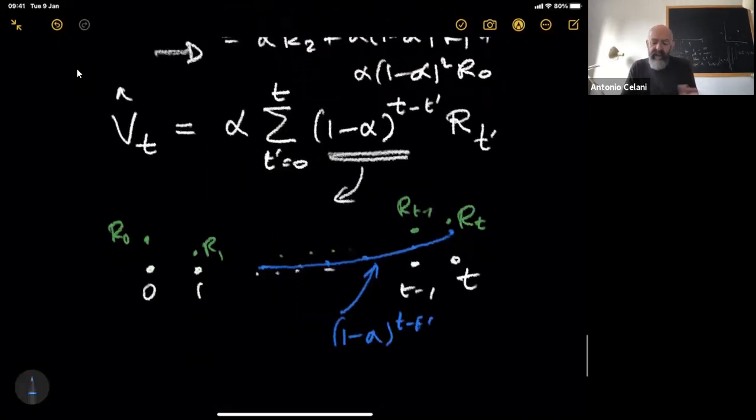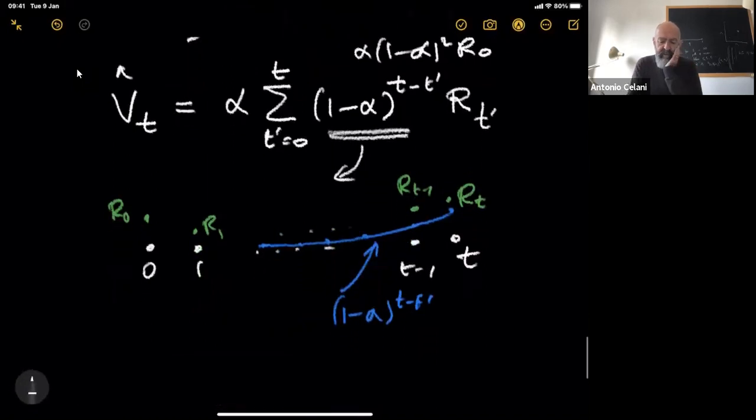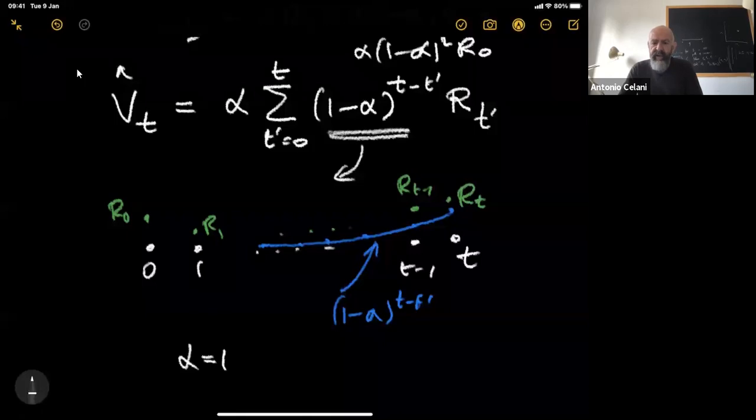So, you can see how these two extremes come to happen. If alpha, for instance, if alpha gets exactly equal to 1, what is happening here? Well, your kernel is extremely short. It just cares about the current moment. In this case, your estimate will just be your instantaneous reward.